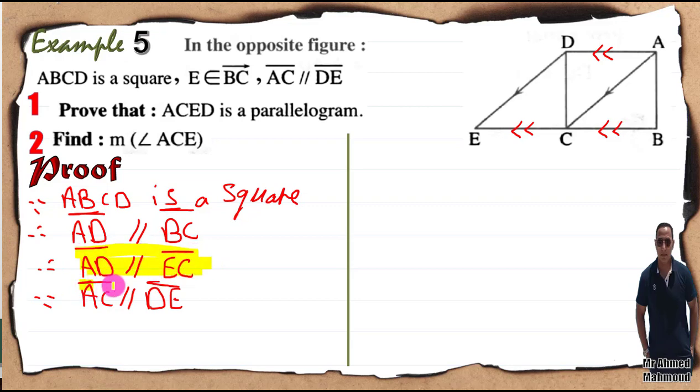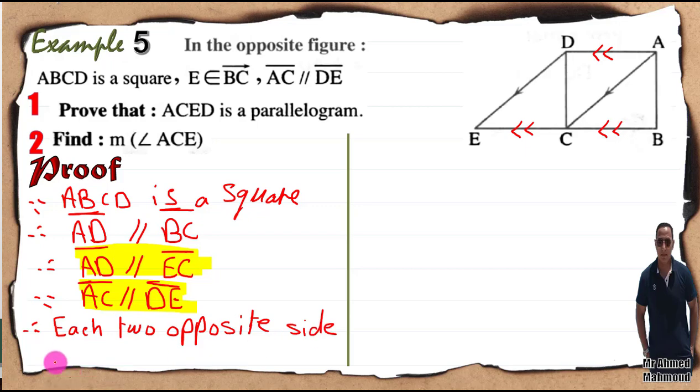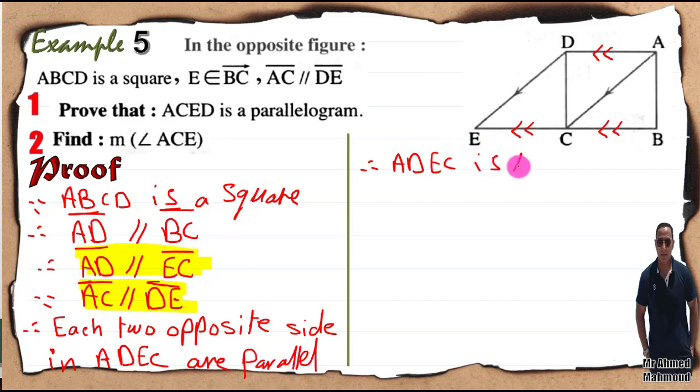AD is parallel to EC and AC is parallel to DE, therefore the two opposite sides in quadrilateral ADEC are parallel, therefore ADEC is a parallelogram.